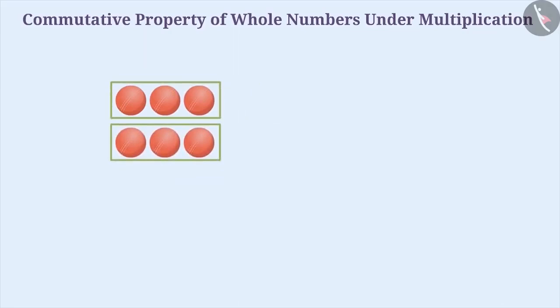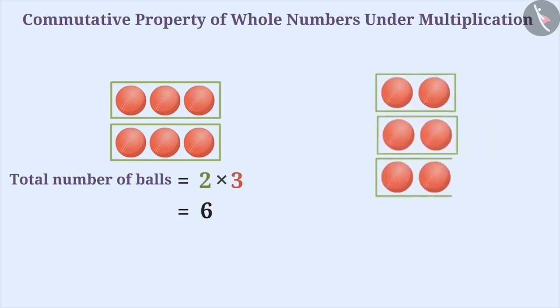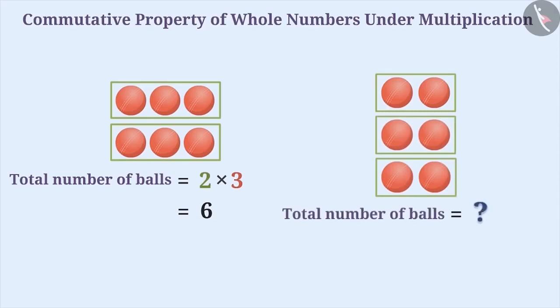Now, let's talk about multiplication. If we make two rows of 3 balls each, then the total number of balls can be obtained by multiplying 2 and 3. The product is 6. However, if we change the order by making 3 rows of 2 balls each, then do we get the total number of balls same as before?